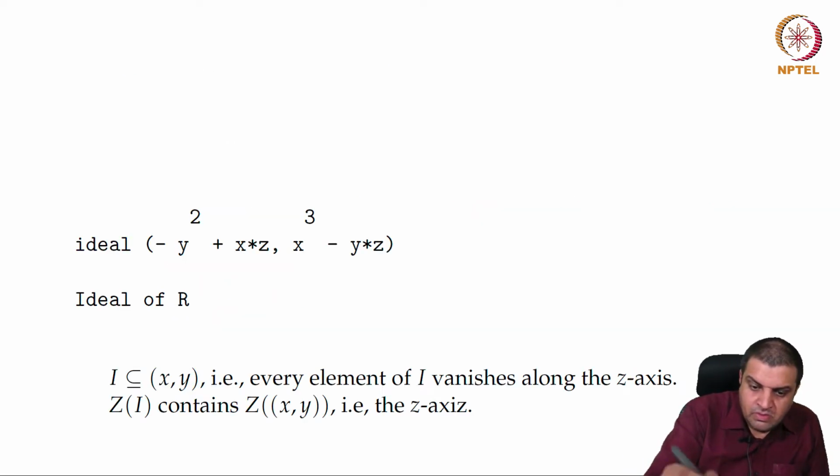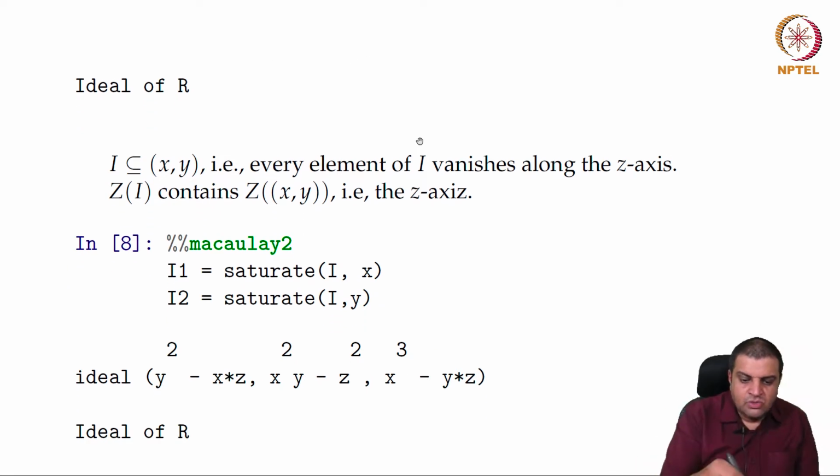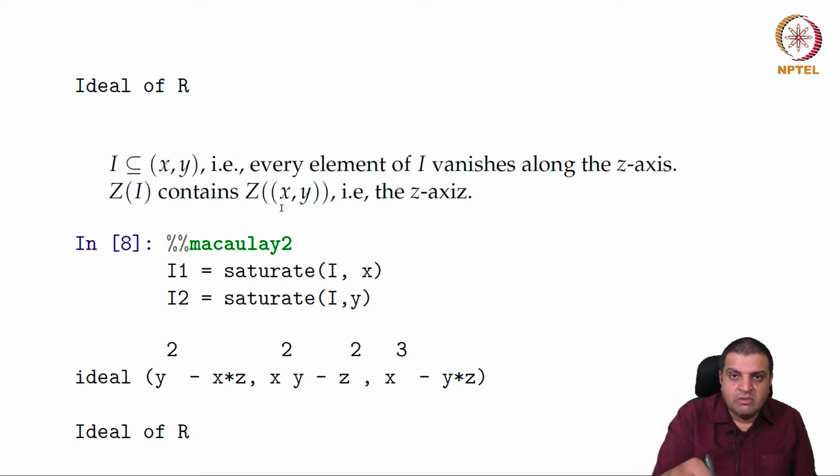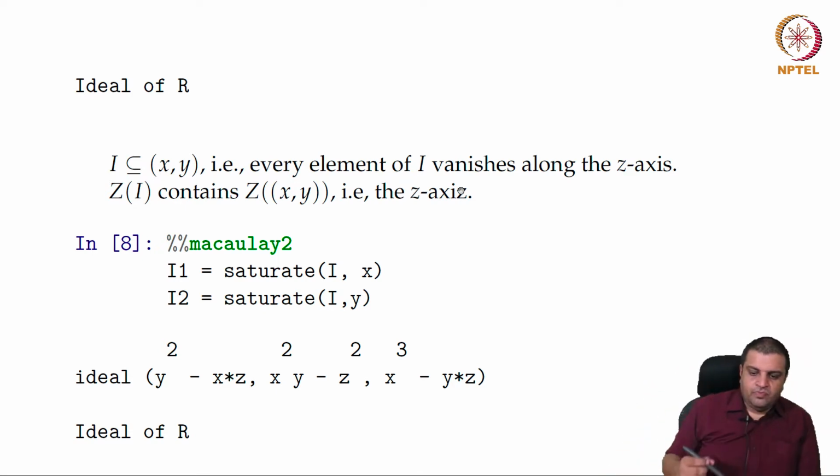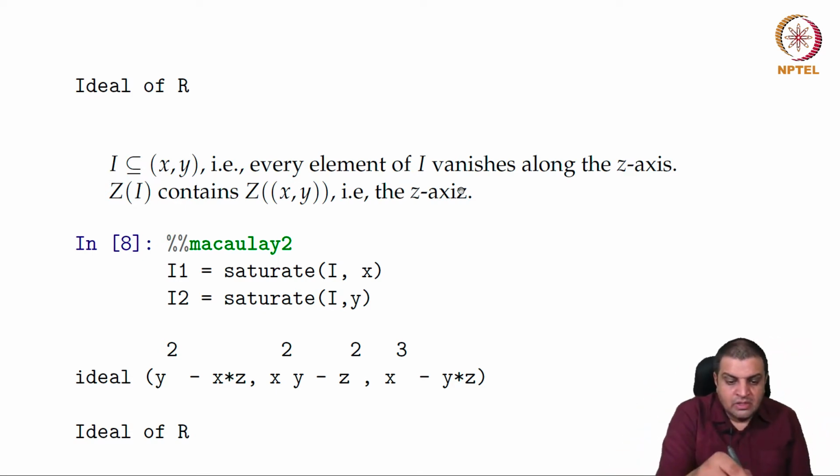But anyway, that's not in the calculations. It's just a remark. So Z(I) will contain Z(x, y), since I is contained inside (x, y). But what is this? What is the set of points where x and y vanish? It is the z-axis.